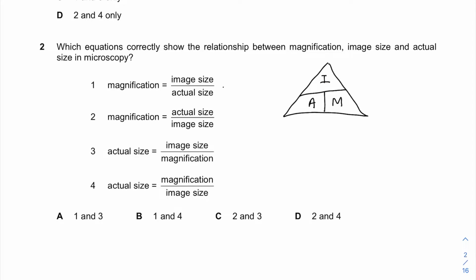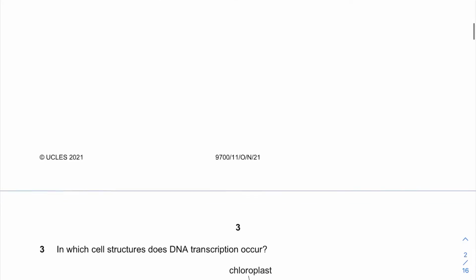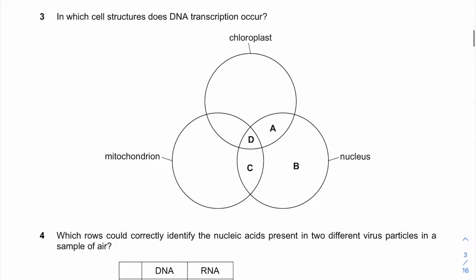So this option is correct, and we would know that the second one is incorrect. So third option, actual size equals image divided by magnification. So number 3 is correct as well, and number 4 is incorrect. So your answer would be A.